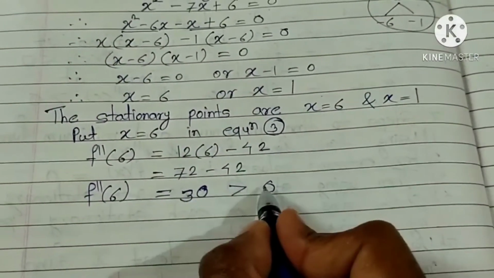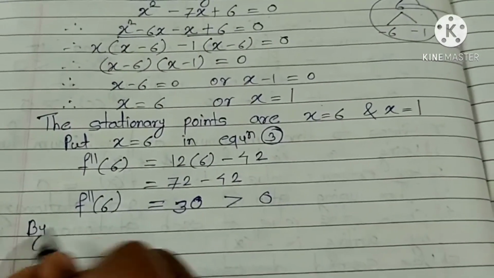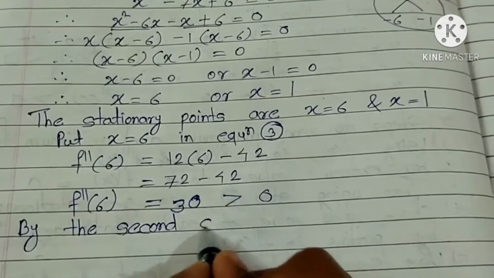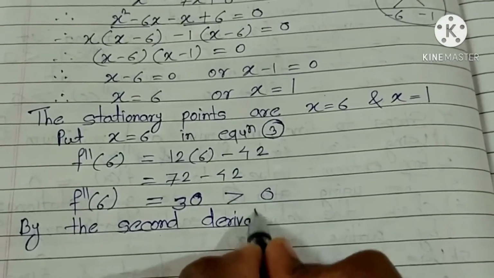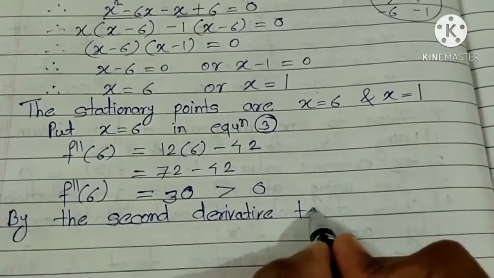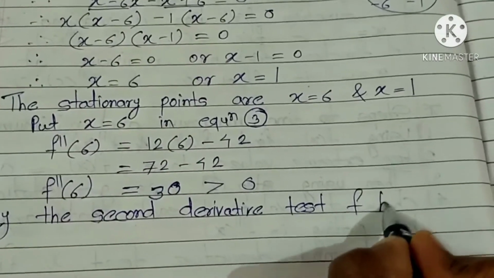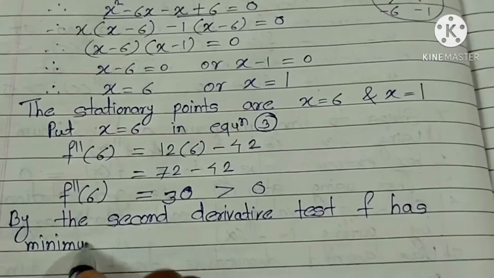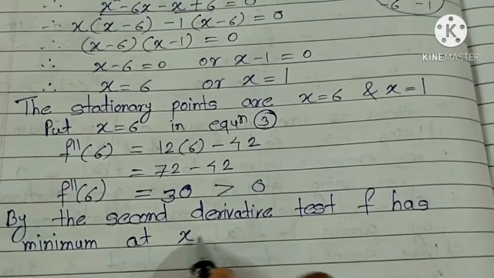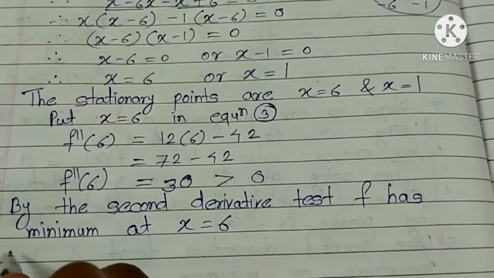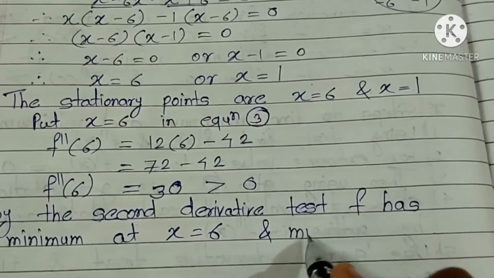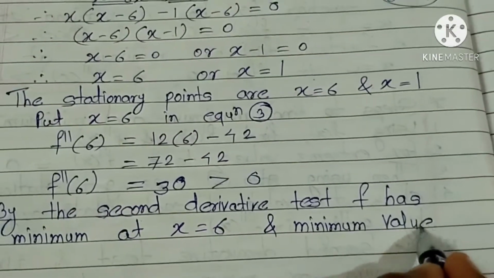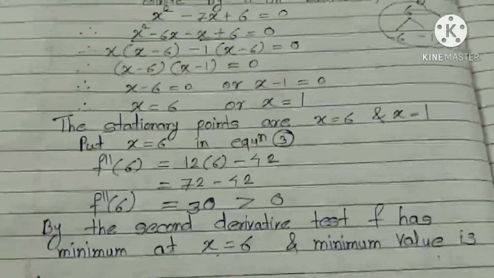So f double dash of 6 is greater than 0. Therefore, by the second derivative test, f has a minimum at x equal to 6, and the minimum value is found by putting that value in equation first.